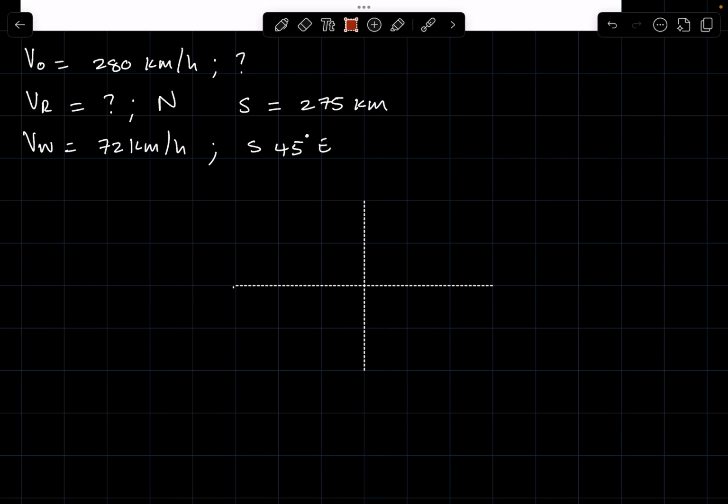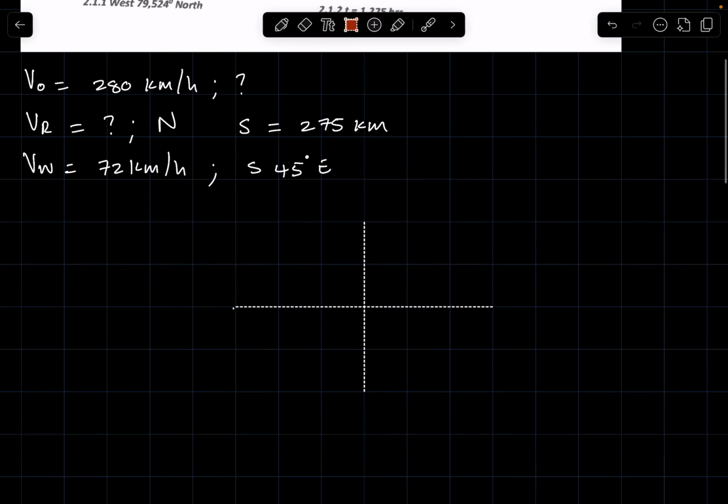Now as far as VO, we have the magnitude of VO, but we don't have its direction. As far as VR, we have the direction of VR. VR is headed directly north. And then we also have VW. With VW, we have both the magnitude and the direction.